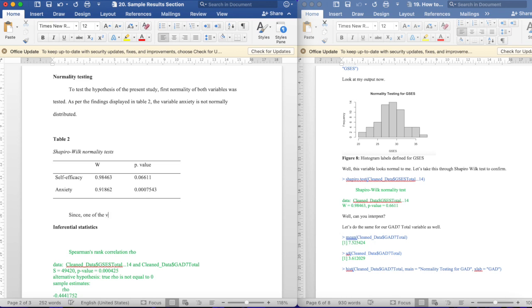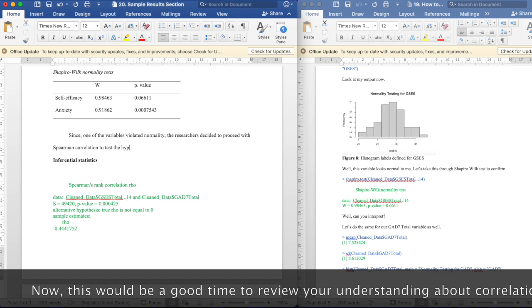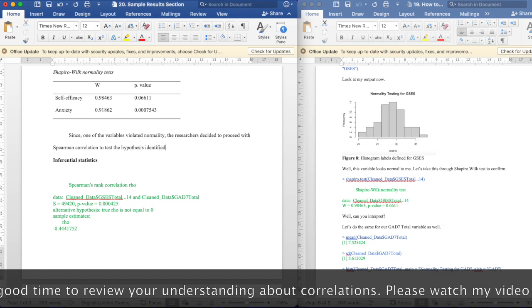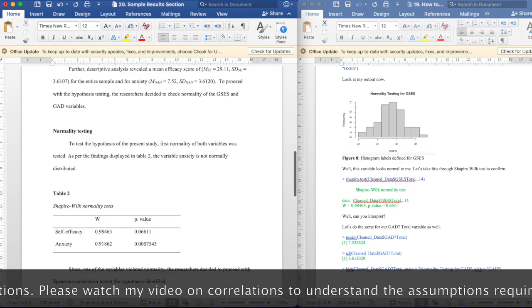Since one of the variables is not normally distributed, or we could say it's not normal, or we could say since one of the variables violates normality, the researchers decided to proceed with Spearman correlation to test the hypothesis identified, like this. And with that, we can proceed to inferential statistics.